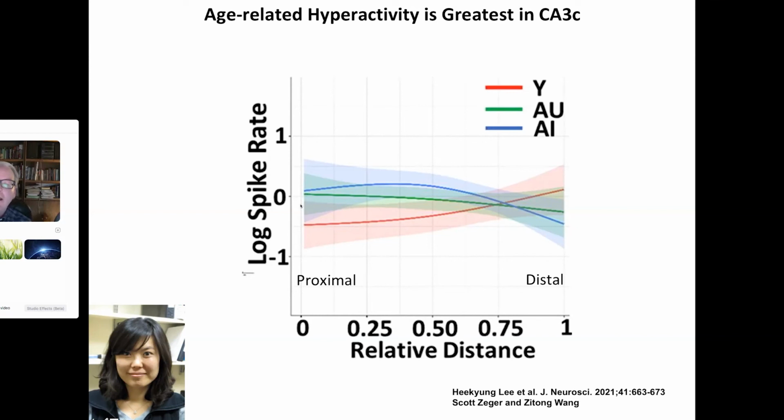We find that in proximal CA3, the AI and AU animals are hyperactive compared to young, but as you move towards the distal axis, that difference goes away, and maybe the trend is even reversed. It's not quite clear. Notice these shades here are 95% confidence intervals, not error bars. So these are clearly very highly significantly different in these models. So proximal CA3 appears to be where this hyperactivity occurs, not so much in distal CA3.